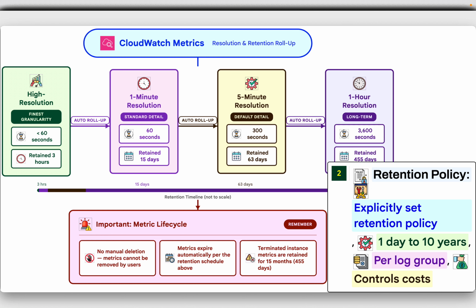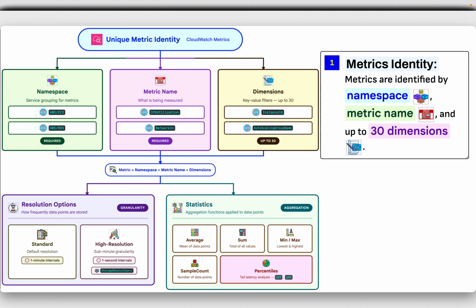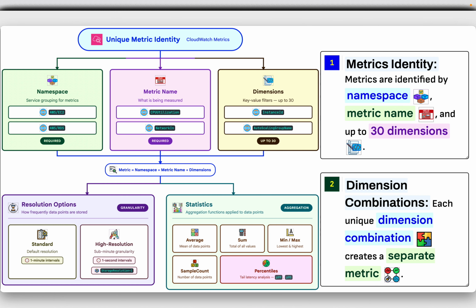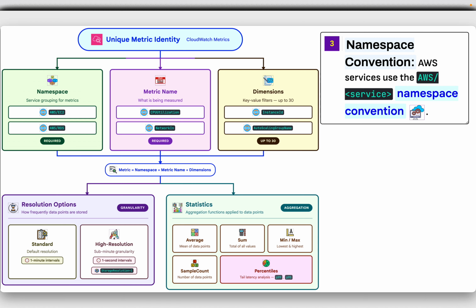Metrics are identified by namespace, metric name, and up to 30 dimensions. Each unique dimension combination creates a separate metric. AWS services use the AWS/service namespace convention, for example, AWS/EC2 or AWS/RDS.